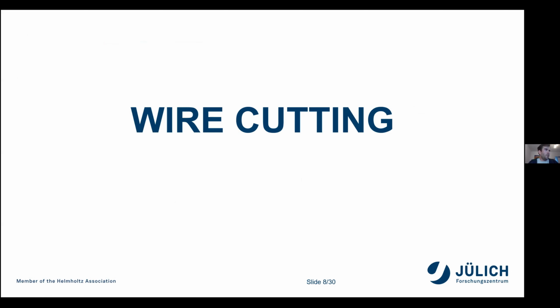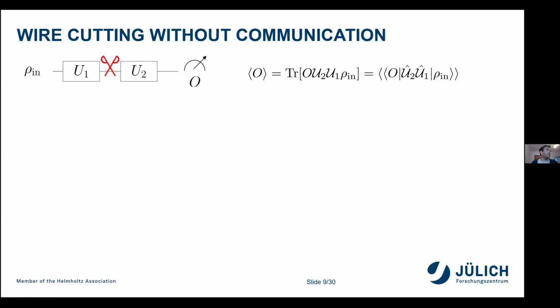Okay, so now let me explain how to cut a wire in ZX calculus. To do this, I want to use this simple 1-qubit example circuit where you have an input state, then you apply two unitaries, and then you want to get the expectation value of an observable O. We assume that we want to cut the wire between the application of U1 and U2.